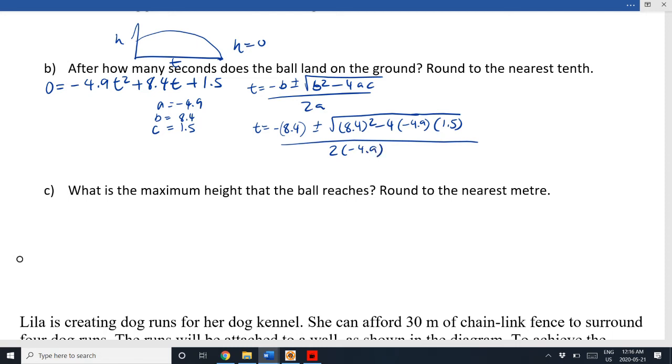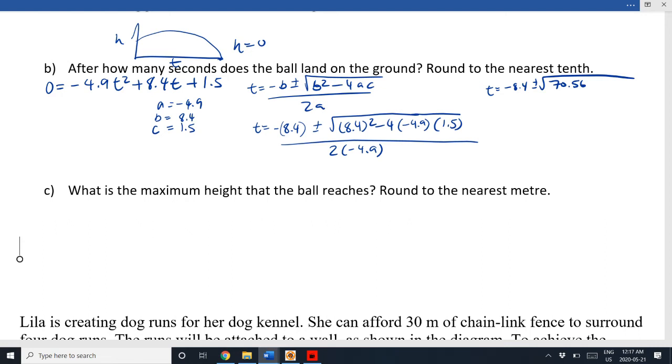Okay, so let's go ahead and start simplifying this. t is equal to negative 8.4 plus or minus the square root of 8.4 squared, which is 70.56. And then we're going to add these next three things together.